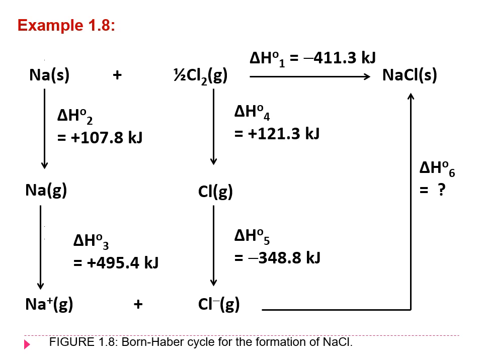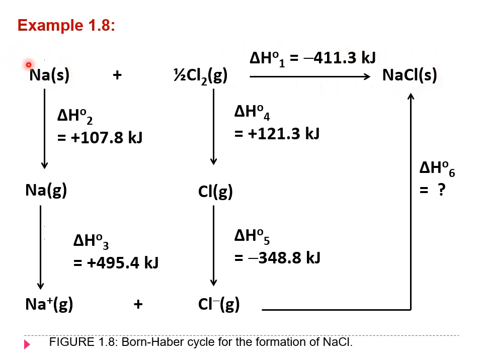Right, this is your first Born-Haber cycle, example 1.8 of your course book. The Born-Haber cycle for sodium chloride solid. As you can see, on the top of the cycle is the enthalpy of formation for NaCl.